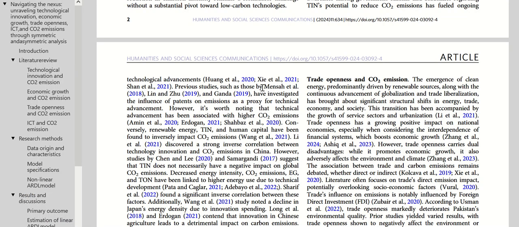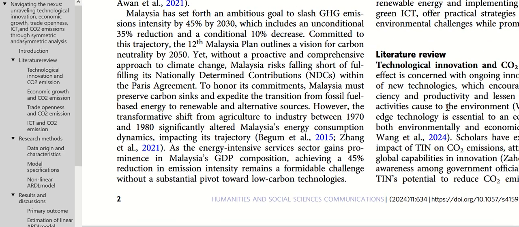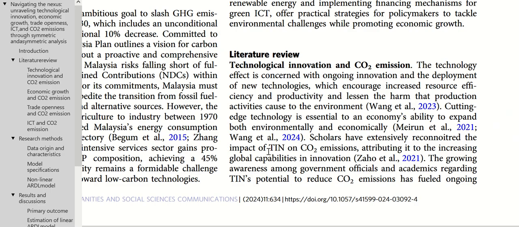So when you are going to write your literature review, you first need to highlight the past research literature, previous research articles. In the first paragraph, they wrote about the introduction of the dependent and independent variables, about technological innovation and CO2 emission.